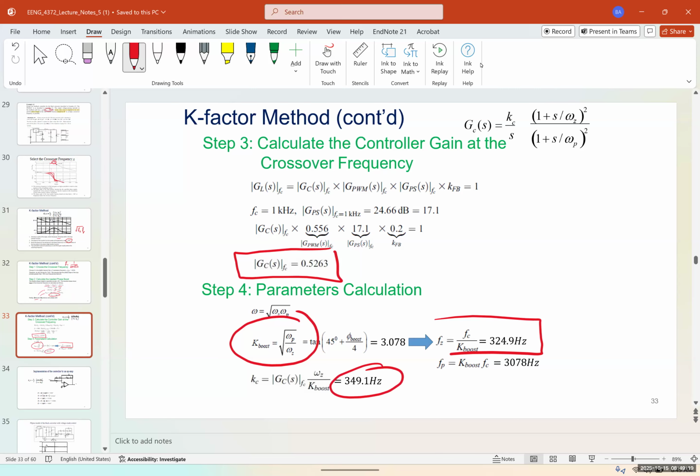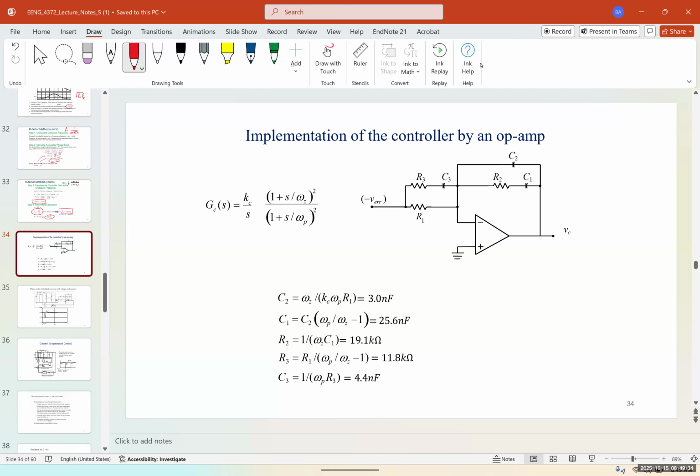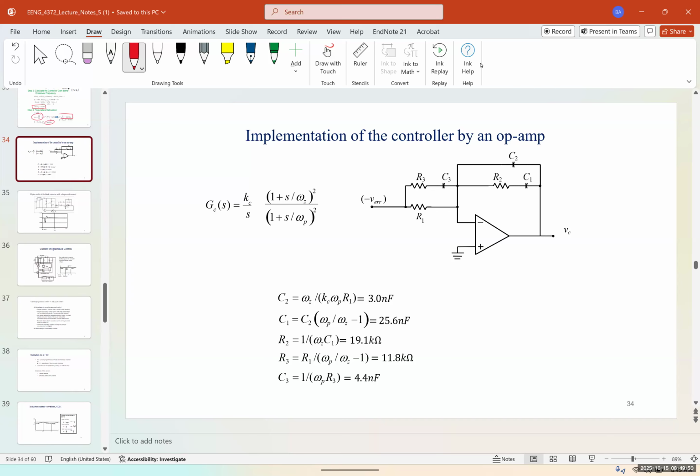Now, for the implementation of the controller by an op-amp, again, we have the equation for GC(s), which is going to be KC over S times 1 plus S over omega z, over 1 plus S over omega p. Now, this is a demonstration of a controller using an op-amp. We can find R1, R2, R3, and C1, C2, C3 using the following equations.